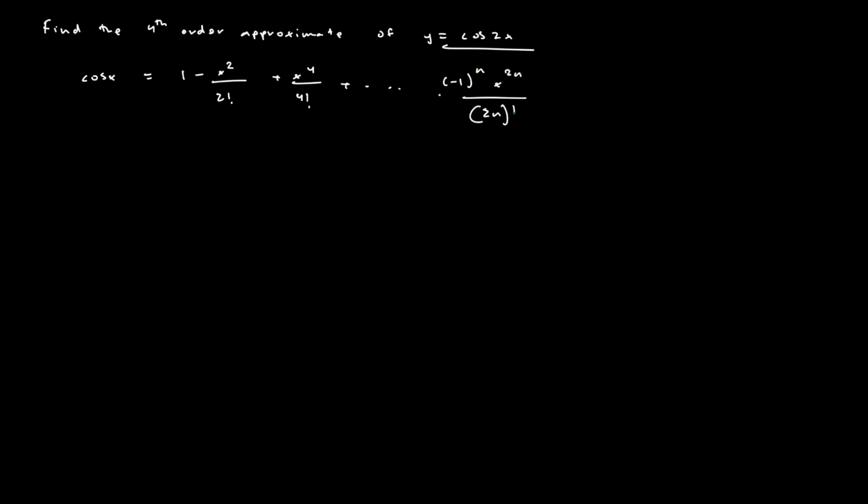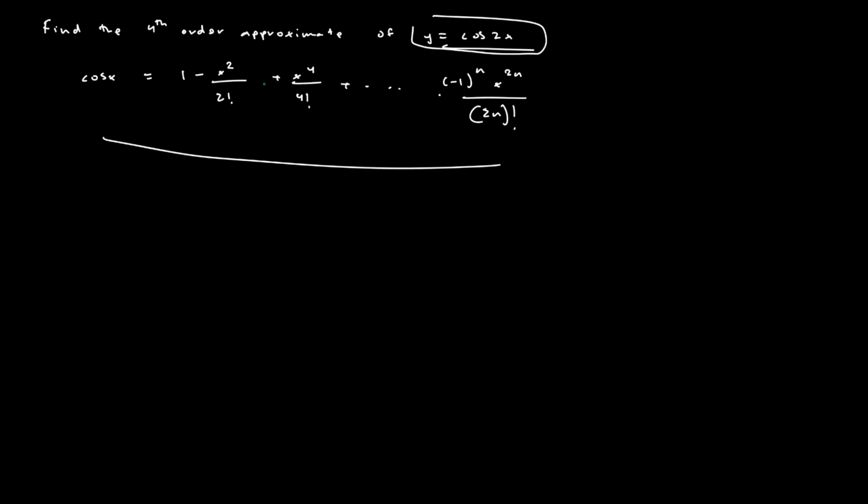If we're given this, can we use it to find the fourth order approximation, in a way that stops us from needing to do the work of calculating all the derivatives?